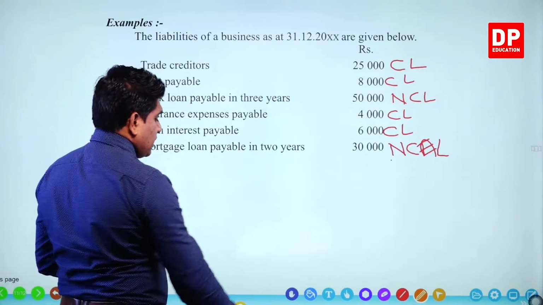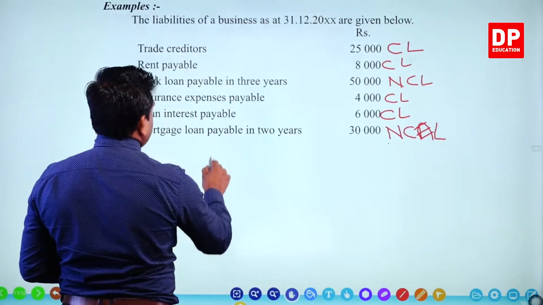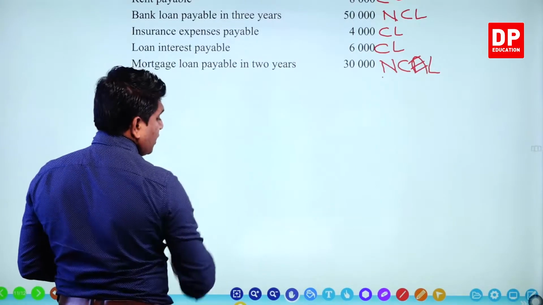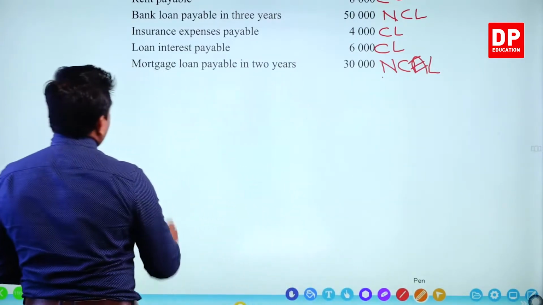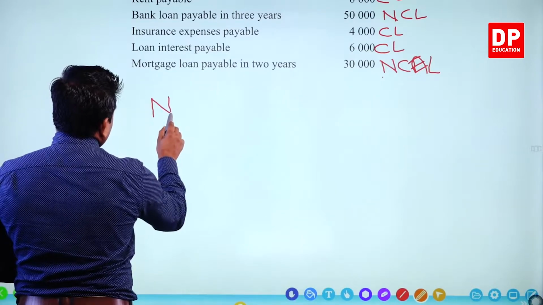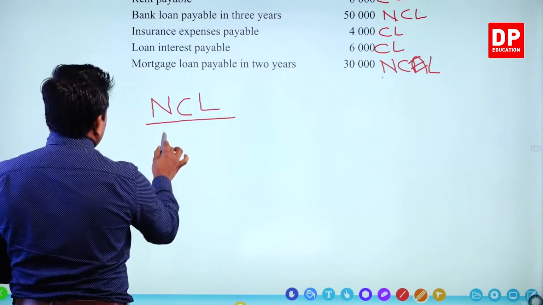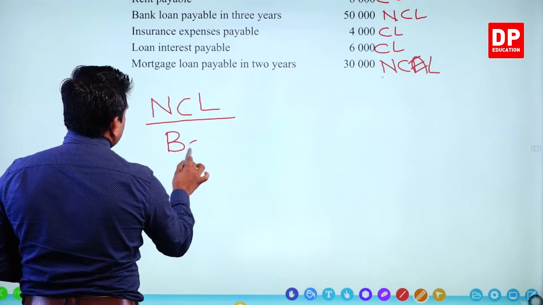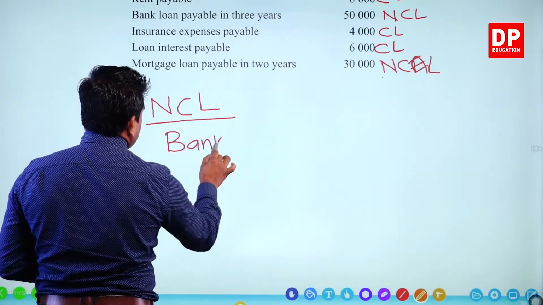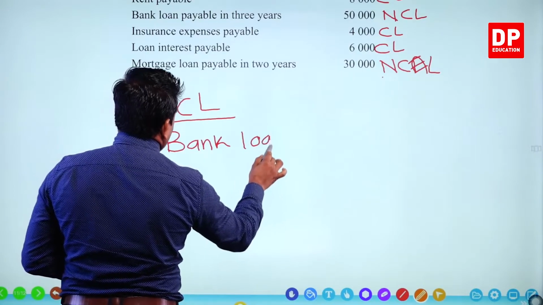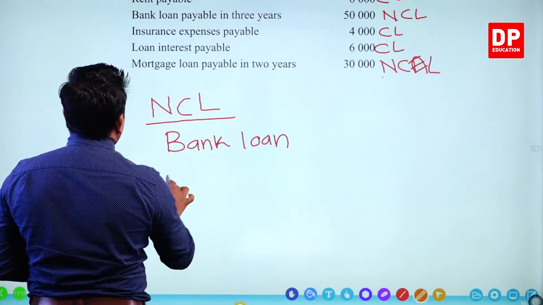Now we can classify them under the current liability category and non-current liability category. First we write what? Non-current liability, NCL, right? What are they? Bank loan. The other one, what? Mortgage loan.